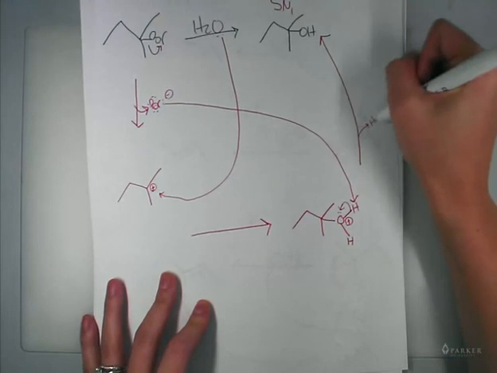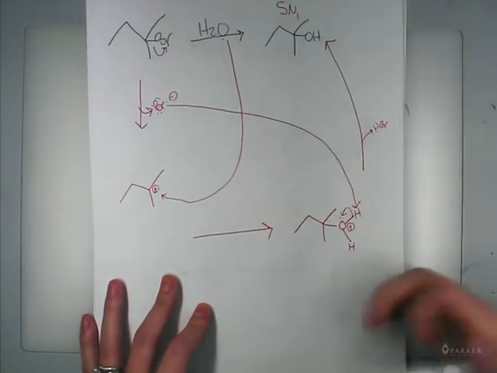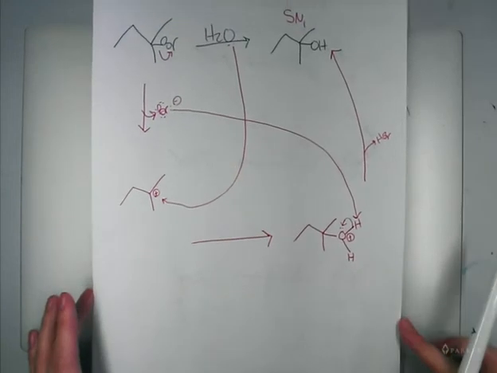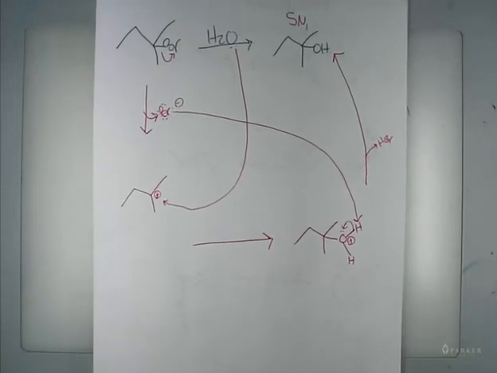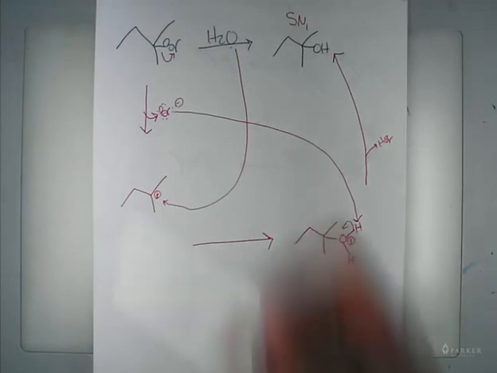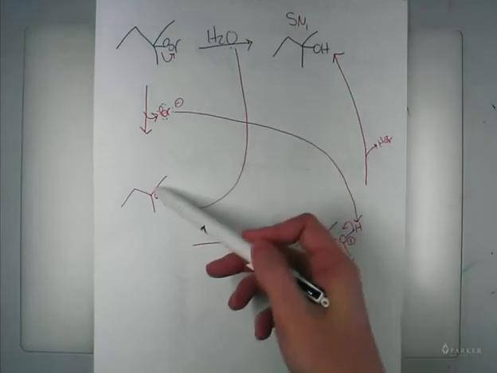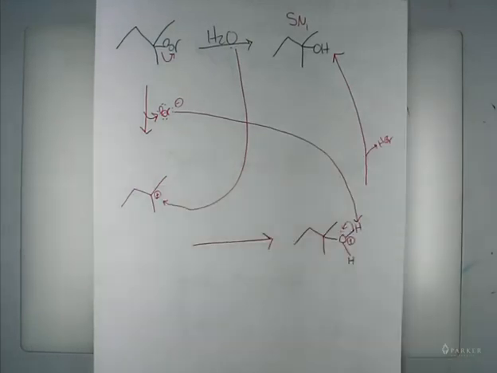If you want, you can show it leaves as HBr. And again, this is always the mechanism for SN1. It won't change. Your leaving group leaves, then your nucleophile attacks, and then take off that extra hydrogen.